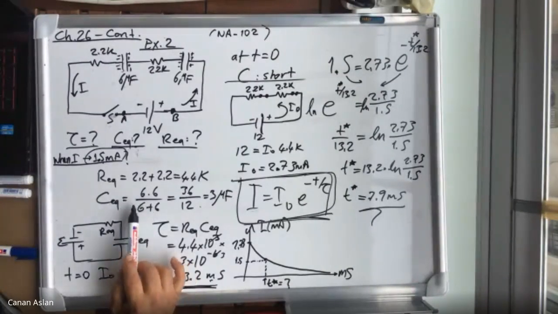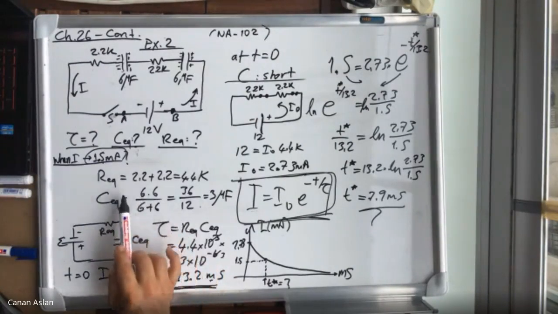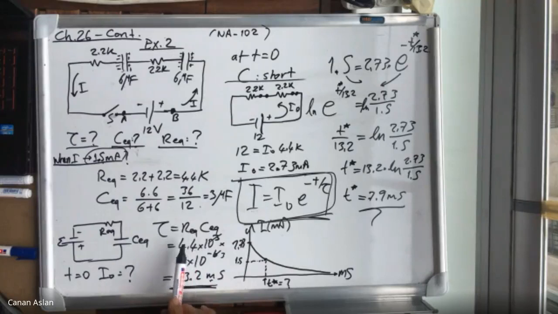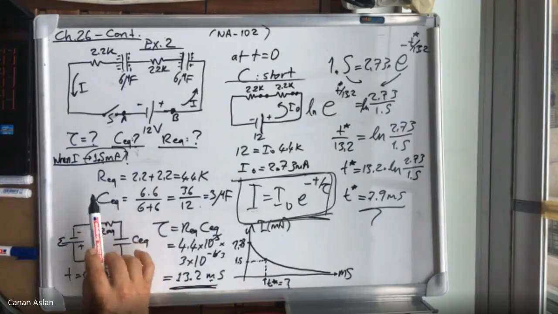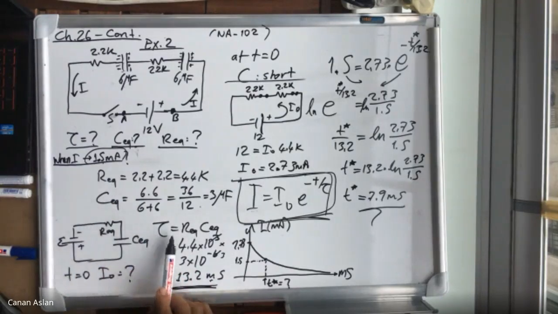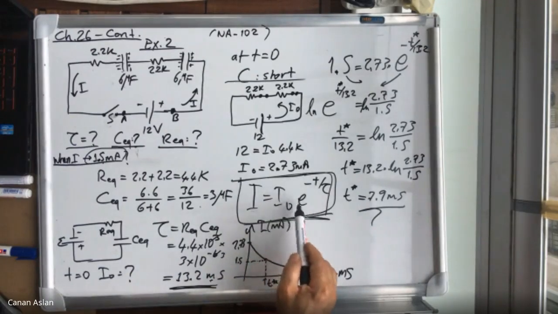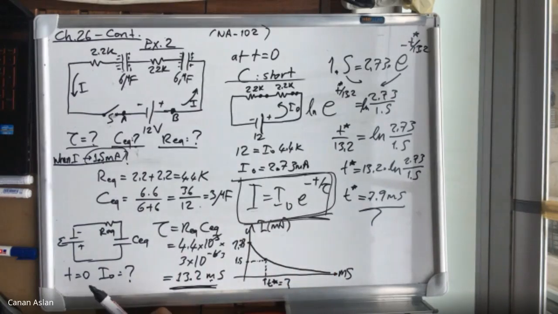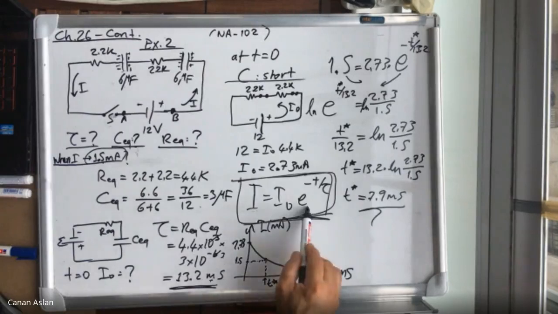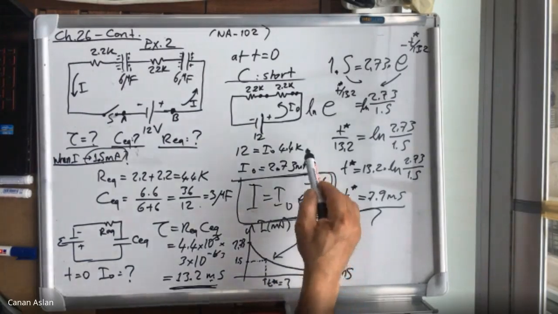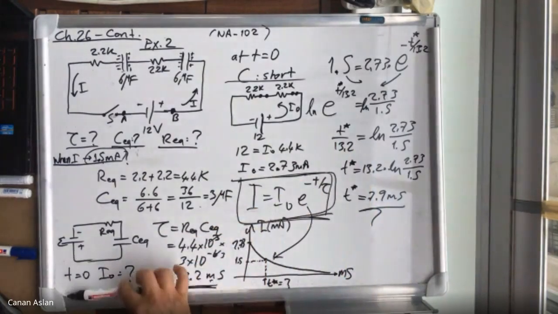So this is the expression for the equivalent capacitance. After you find that, you get the equivalent capacitor and R equivalent, and multiplying R equivalent and C equivalent you get the time constant. From this, you can insert in this equation to get the current as a function of time. It's an exponentially decaying function, so this is it. And from this, you can find anything.